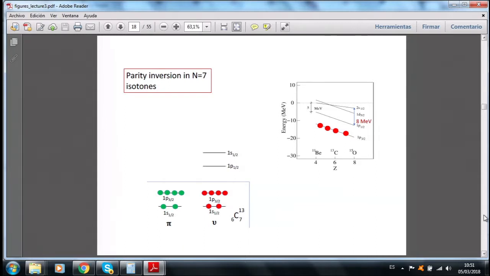So, very schematically, the experimental situation in beryllium-11 is that the state 1/2 plus, the positive parity state, is lower by a small amount, because we are talking here about very small binding energy. This is a binding energy of about 500 keV, and the binding energy of the other state is about 200 keV.